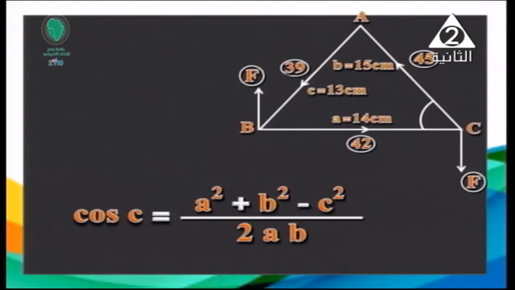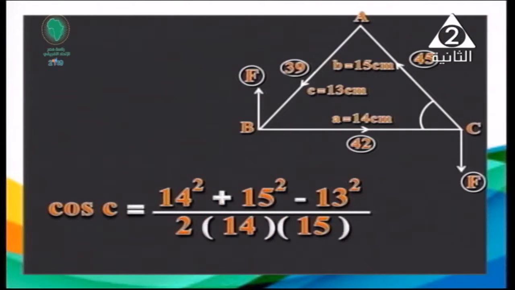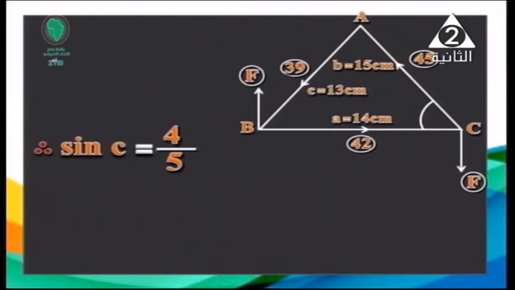To find the value of cosine C, we have the lengths of the three sides. By substitution, cosine C equals 14 power 2 plus 15 power 2 minus 13 power 2 over 2 times 14 times 15, which equals 3 over 5. This is cosine C. Then we find sine C equals 4 over 5.